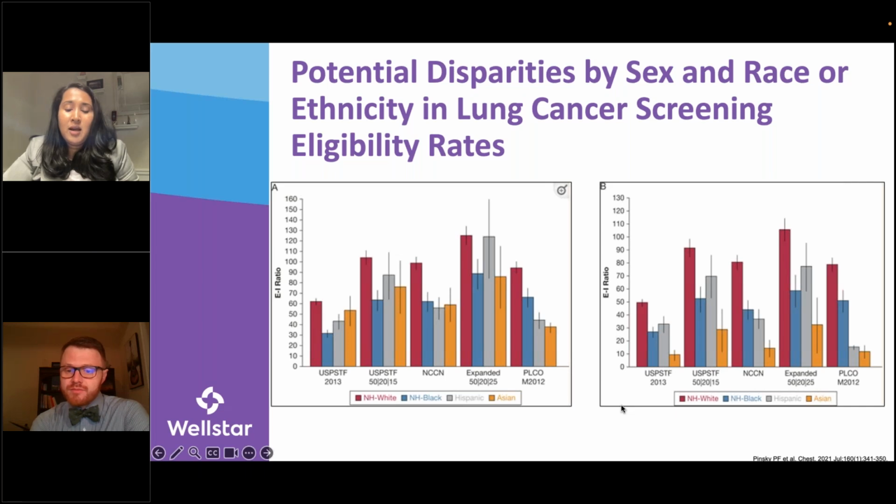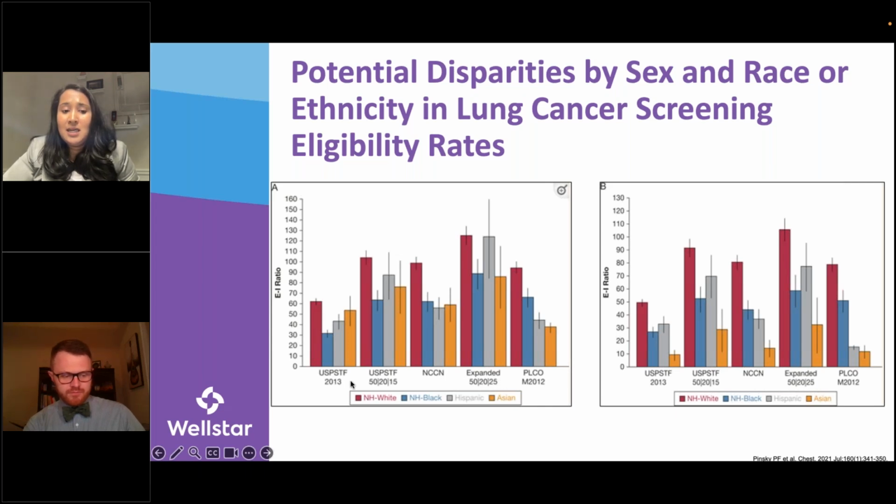The criteria that I want us to focus on is, they evaluated the 2013 USPSTF criteria. They evaluated an expanded criteria, which is actually the 2021 criteria that exists currently. And then they expanded it further to have a 25-year quit smoking history.